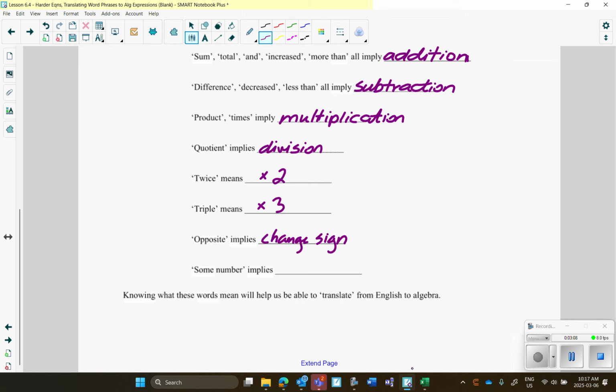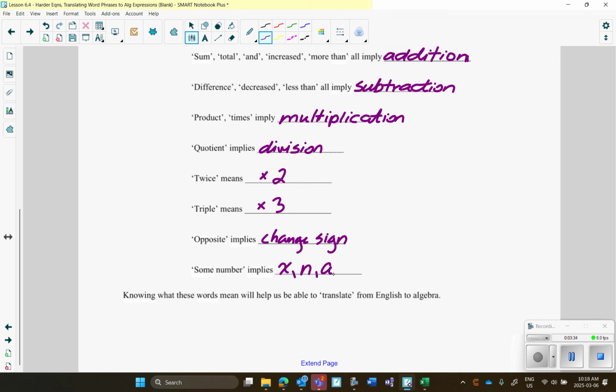Give me an example of a variable. X, M, A. It's a variable. So if I said some number plus 10, then it would be X plus 10.